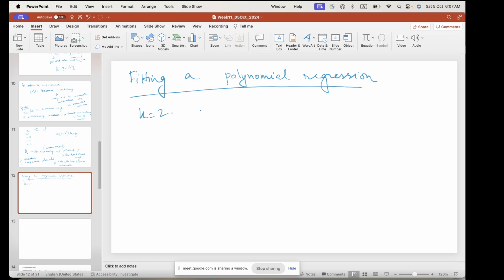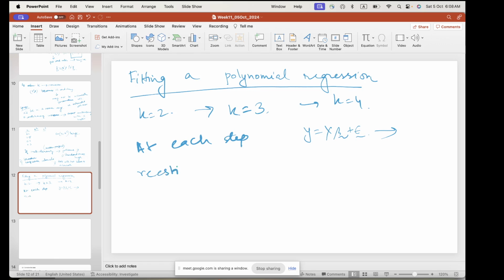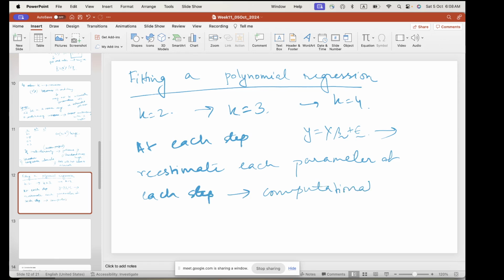Now let's say we decide that let's try k equal to 3, or let's try k equal to 4. So at each step, if we fit normally, then what do we have to do? We have to re-estimate each parameter at each step. So this is computationally difficult.